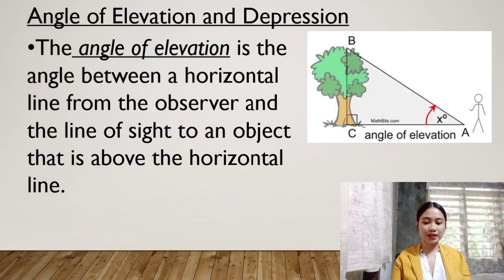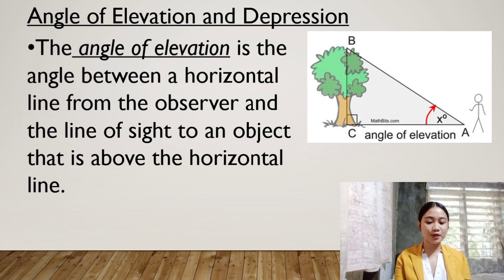So, look at the screen. Angle of elevation and depression. First, we have the angle of elevation. It is the angle between a horizontal line from the observer and the line of sight to an object that is above the horizontal line. So, above the horizontal line.